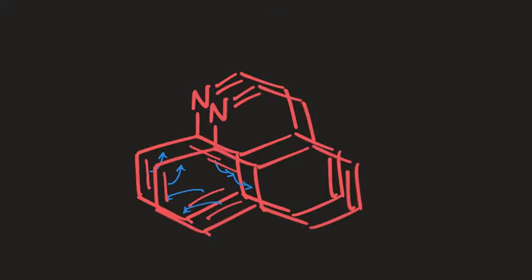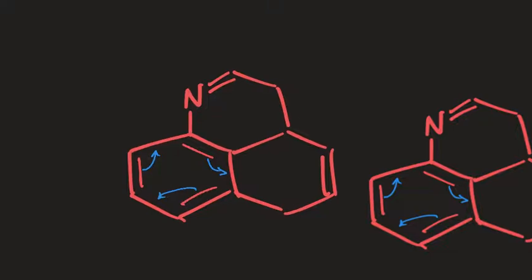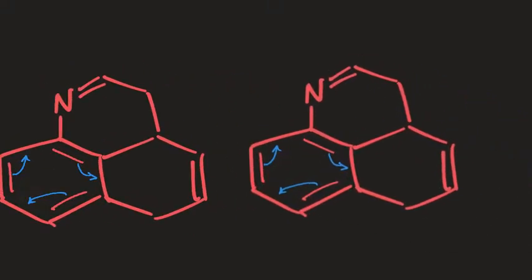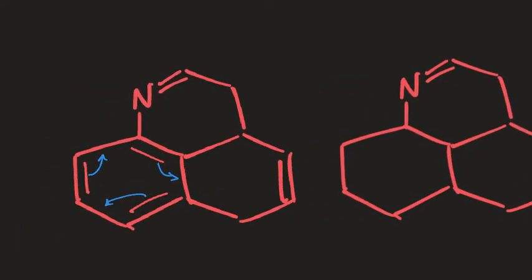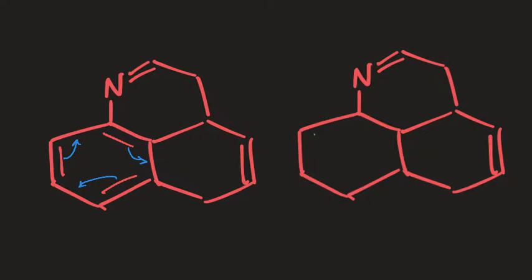We make a copy of it. And I'm going to actually delete those, and so you'll see that because we have the resonance there, the double bonds end up here, here, and here.